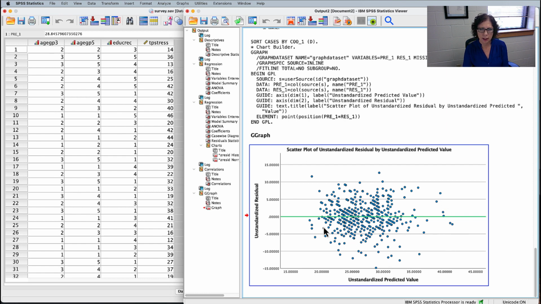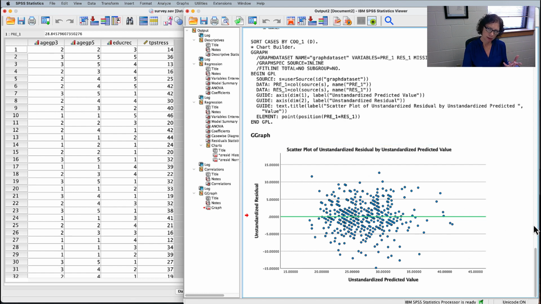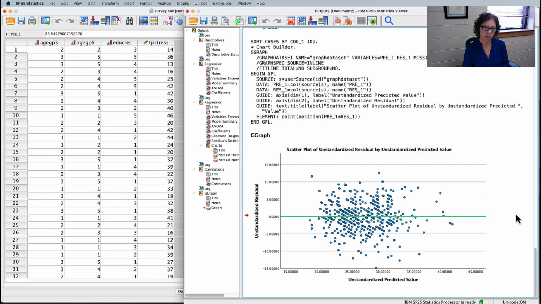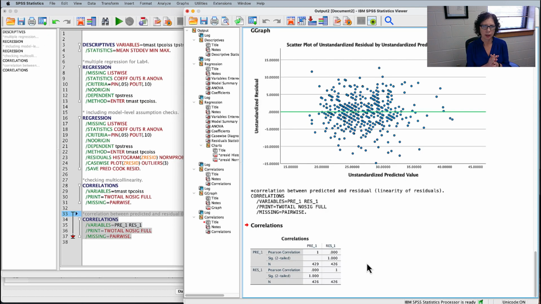It should pretty much be like a block or kind of circle-y shaped, and we're getting a pretty good spread there. It's not looking like a funnel, like really skinny at one end and wide on the other end. So it looks okay on homoscedasticity here. Okay, those are the assumption checks that are easily accessible here in SPSS.